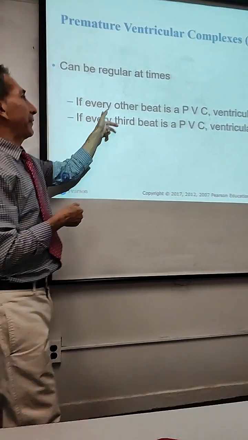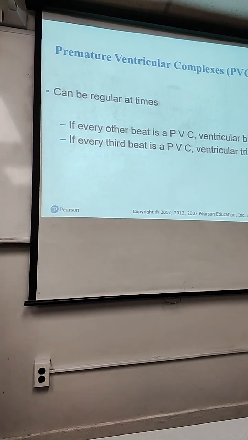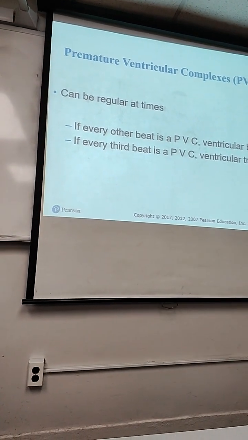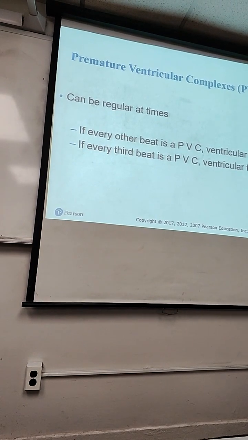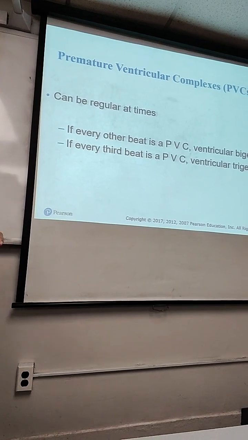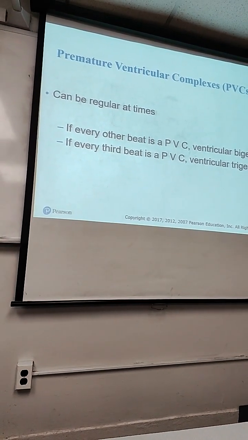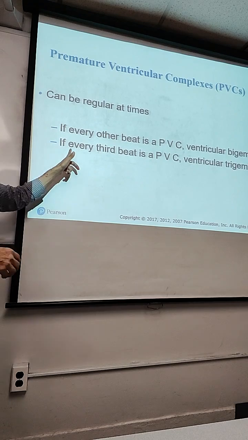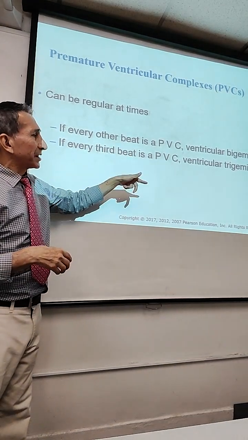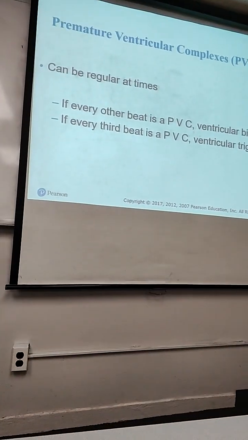Remember, if every other beat, so one normal, one premature ventricular contraction, one normal, one premature ventricular contraction, that is called ventricular bigeminal. If every third beat is a PVC, then you call it ventricular trigeminal.